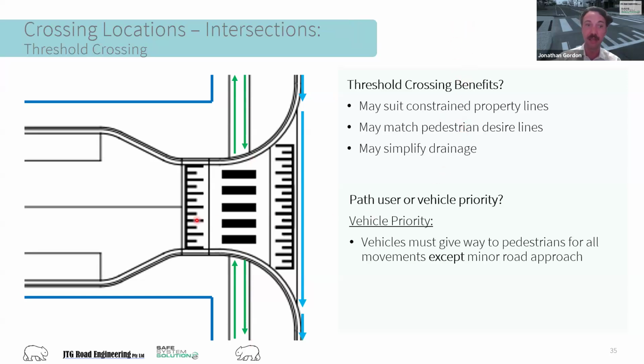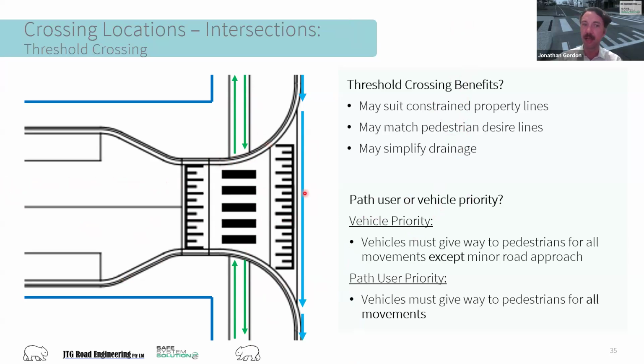So for the right in, still need to give way. The right in needs to stop here, let someone cross. For the left in, same, they need to wait and let somebody cross. The only movement that the pedestrian does not have right of way is for the minor road approach here. So a vehicle can, according to the road rules, pull up here in front of a pedestrian who needs to give way to the vehicle.